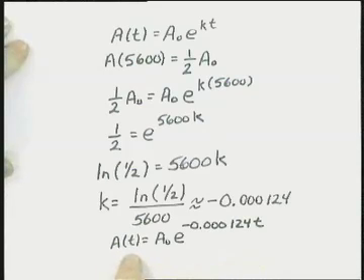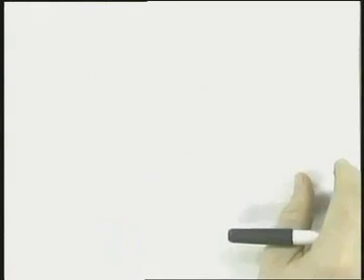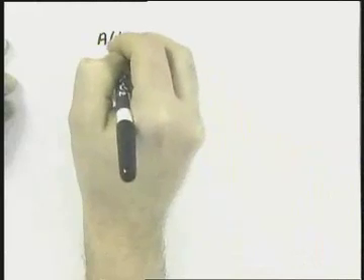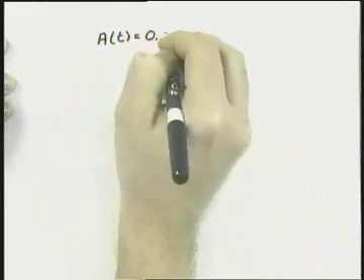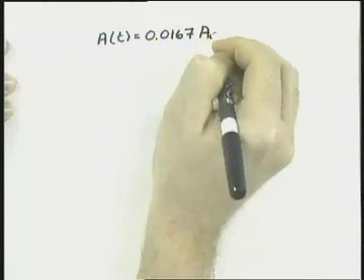We're given the fact that 1.67% of the initial amount of carbon-14 is in our sample. So what that means is that A of t is equal to 0.0167 of the initial amount.